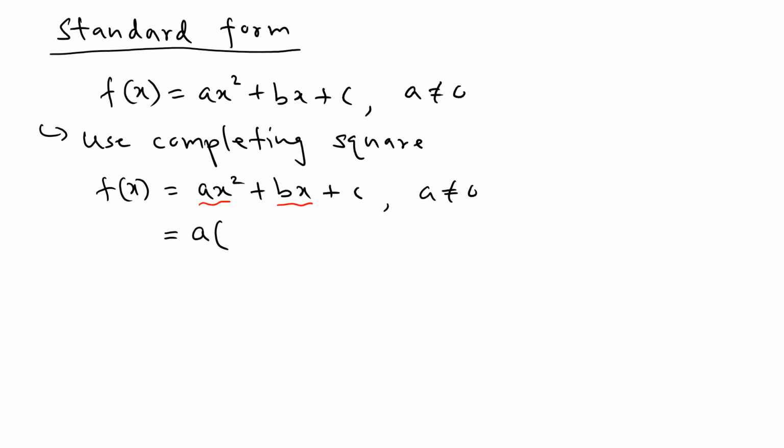So if you divide by a, you get x squared here. Here you get b over a times x. We can leave some space here, plus c. Now we can calculate that special term, what we normally call the magic term, which is half of the coefficient of x, squared. That coefficient is b over a, so you take half, that means b over 2a, and we square that.